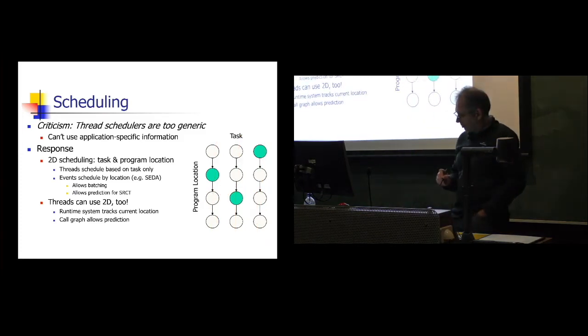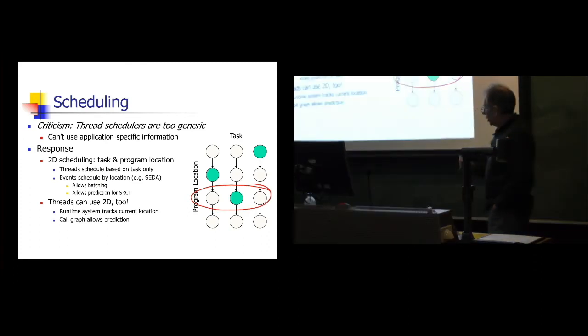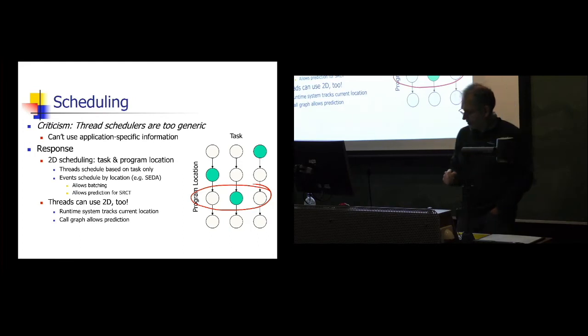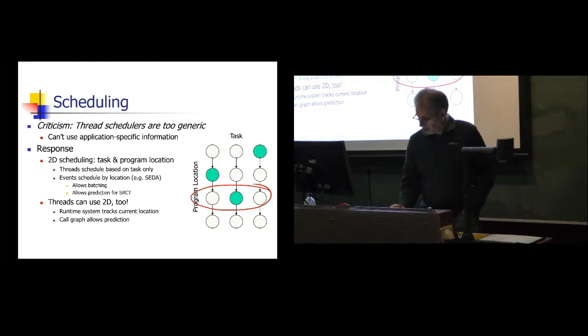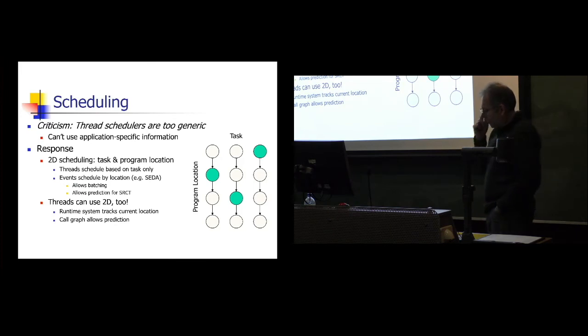In the event-based model, this would be the same handler running one event after another, doing the same thing. So this is the same code receiving the request, same code receiving the next request, same code receiving the next request.